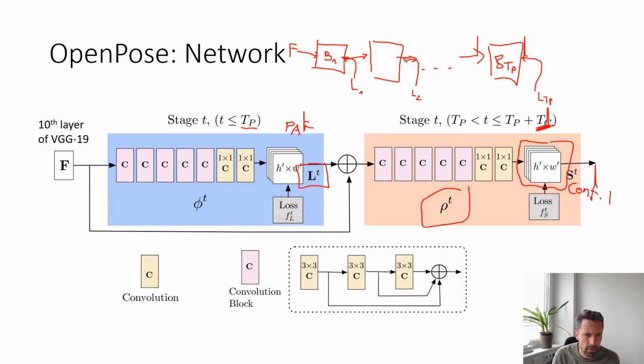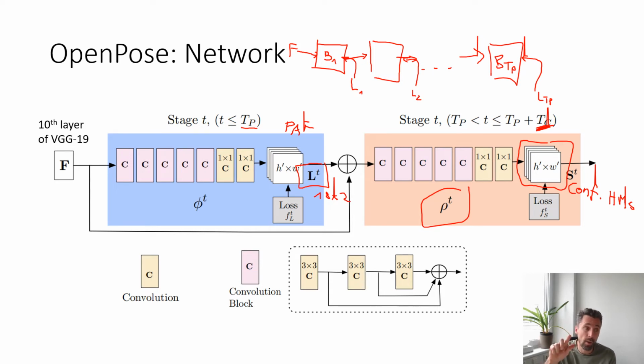Confidence heat maps. Now, this has 18 key points, but has 2 channels per key point, right?